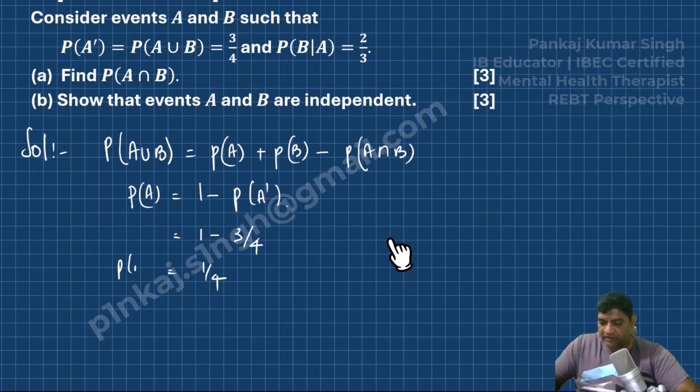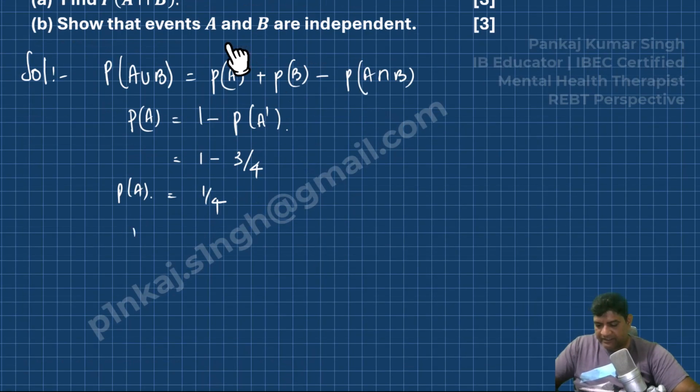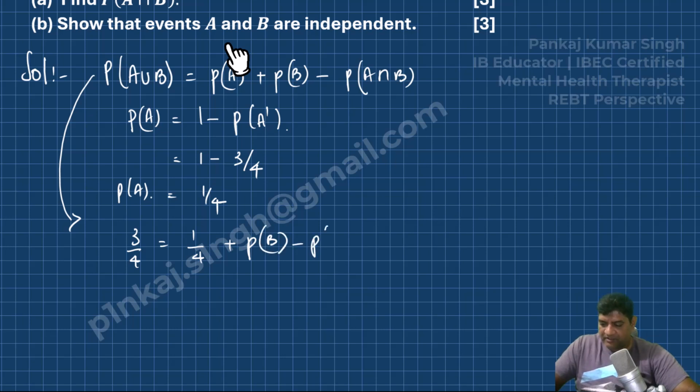And that is also equal to the probability of A union B, and therefore this can be written as 3 over 4 is equal to 1 over 4 plus the probability of B minus the probability of A intersection B. And this is nothing but 2 by 4, which is a half, and that's equal to the probability of B minus the probability of A intersection B.